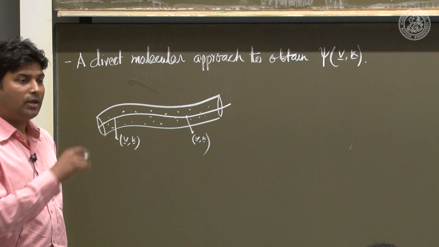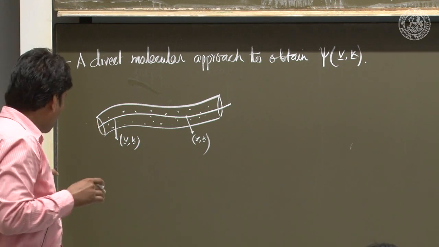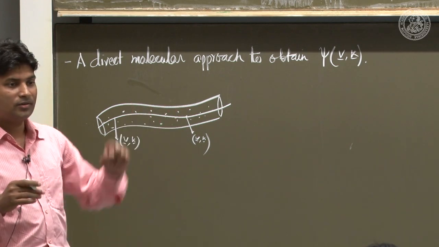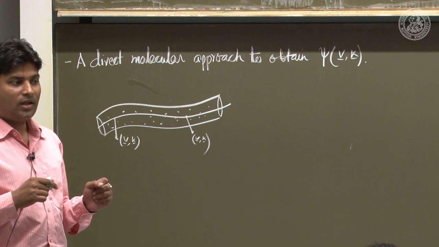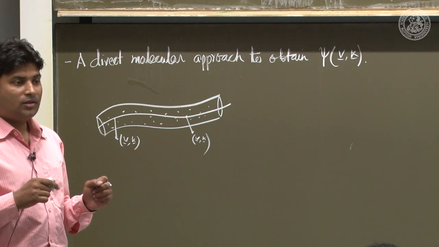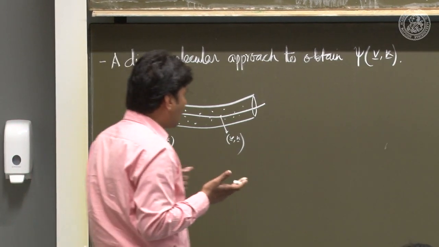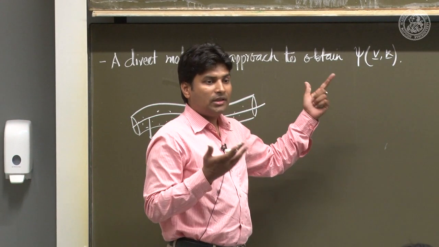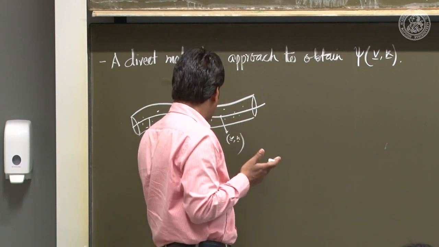So, it has the same bending curvature, same twist, same shear, same axial stretch all along the length of the nanorod. And then we have to see, can we obtain this psi somehow if we subject the nanorod to a constant V and K.